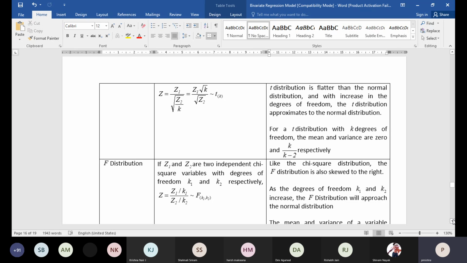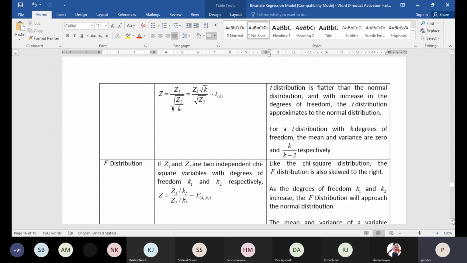Like if Z1 and Z2 are two independent chi-square variables with degrees of freedom K1 and K2 respectively, then Z1 by K1 divided by Z2 by K2 will actually give us the F distribution. And like chi-square distribution, this F distribution is also not symmetric, rather skewed to the right, as we have seen in case of chi-square distribution.